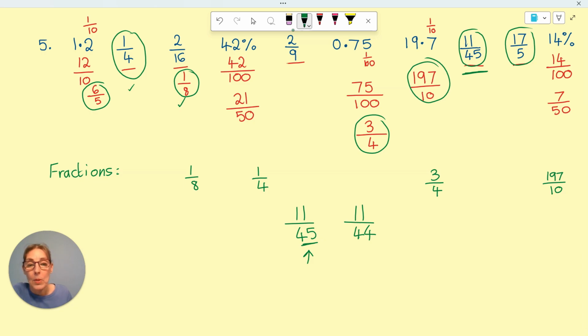But it's 11 people out of 45 people, or 11 people out of 44 people. So I would say it's like that. Let's just, for now, I think 11/45 is going to be smaller. So 17/5, 5, 10, 15, that's just over 3. So I think it goes here. And you can only really compare them if you turn them into decimals.